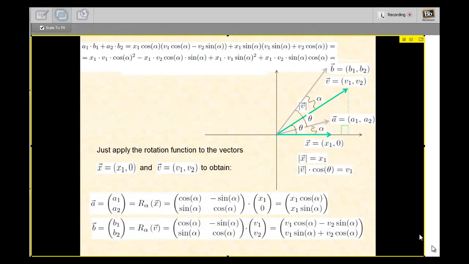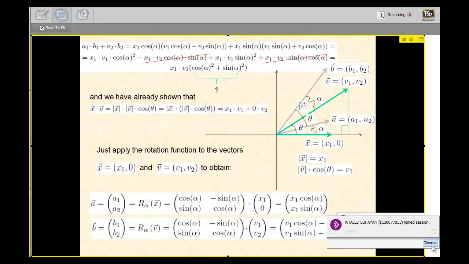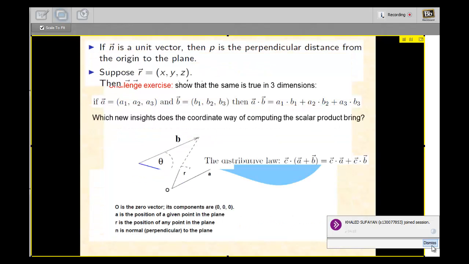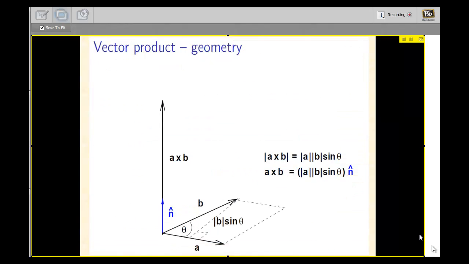Now next we will discuss the cross product. As we discussed, there are two types of product, the dot product and the cross product. The next type of product is called the cross product, and it is written as a cross b equals mod a mod b sine theta, where theta is the angle, and its graph is like this: a, b, and n is the unit vector.